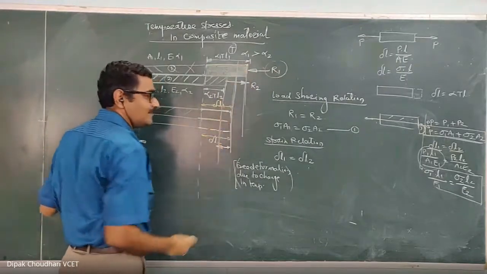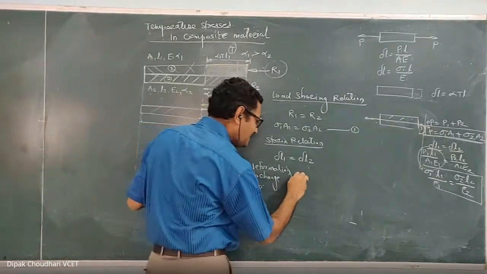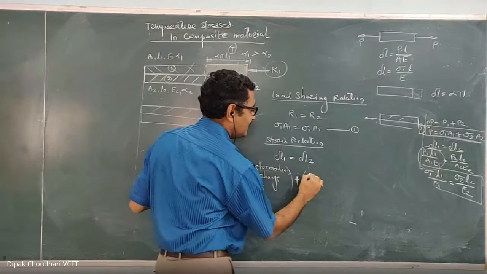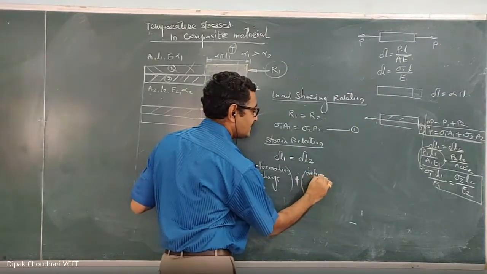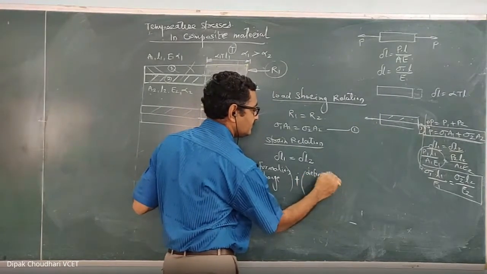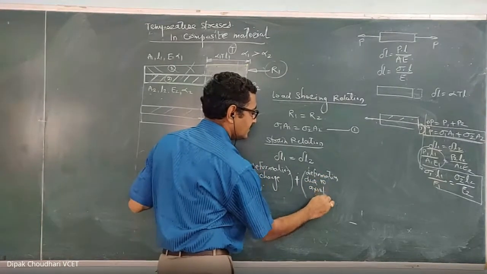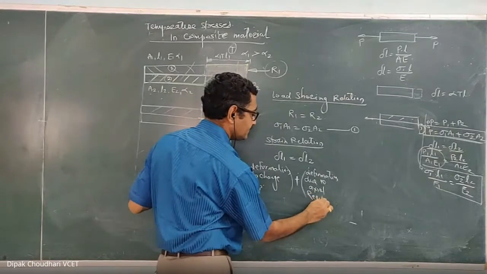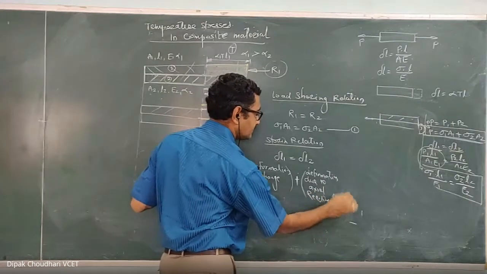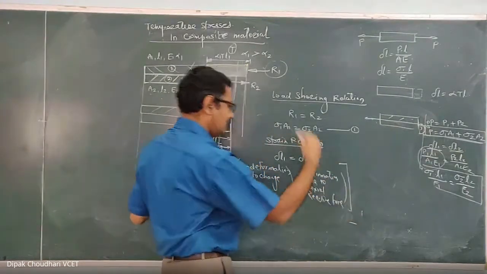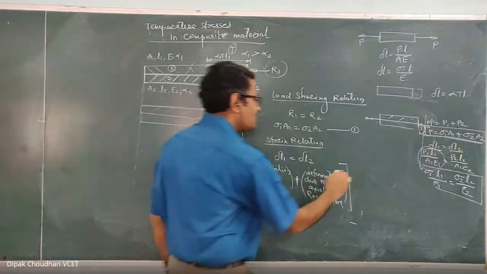Because of this compressive reactive force. So what will the second part be? This is the axial deformation due to axial reactive force. This is delta L1, which is equal to delta L2.